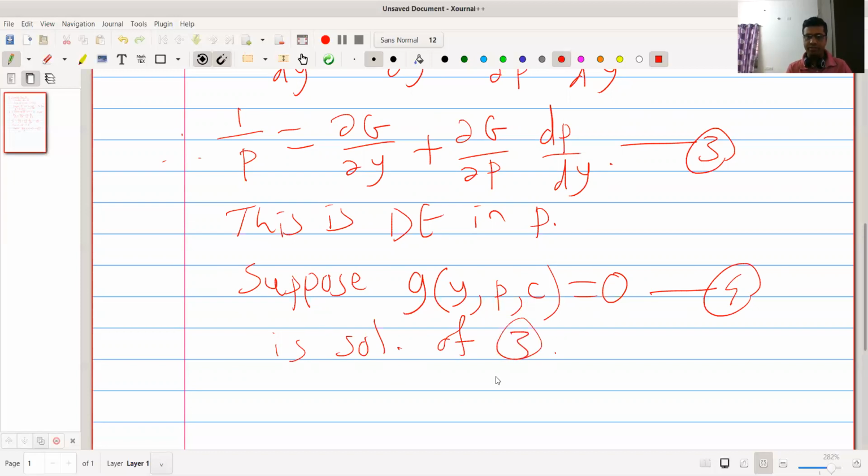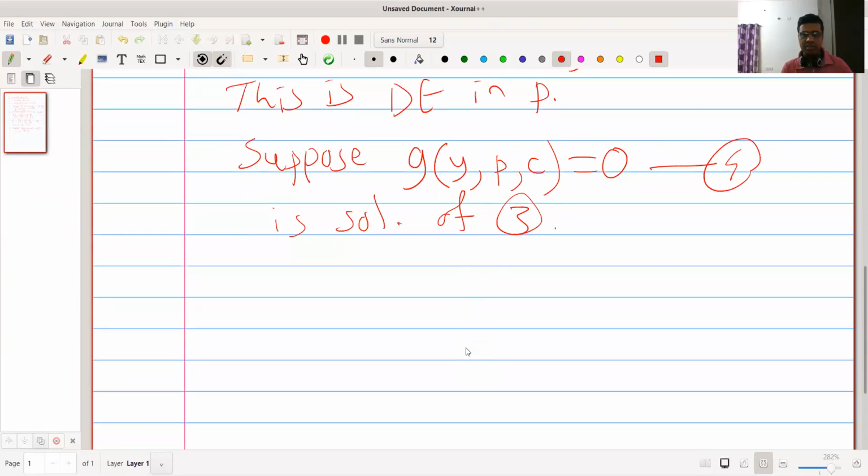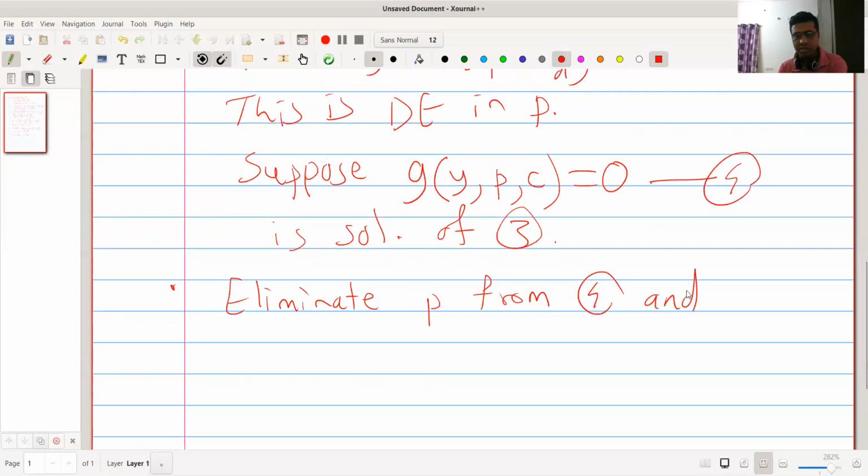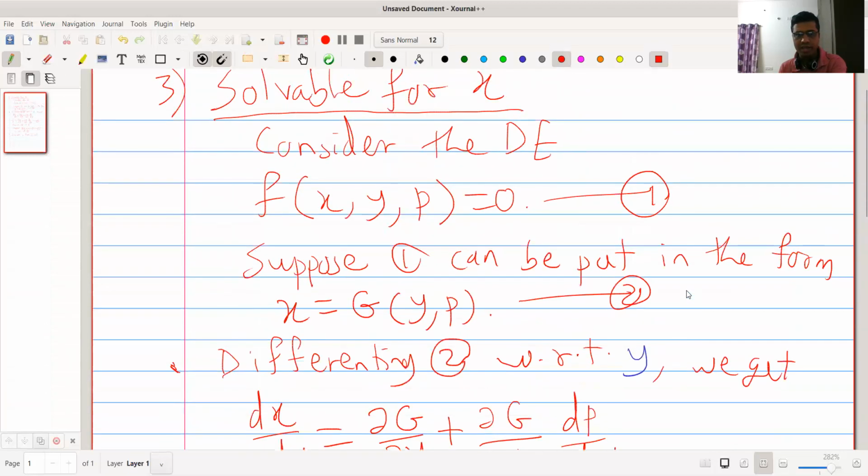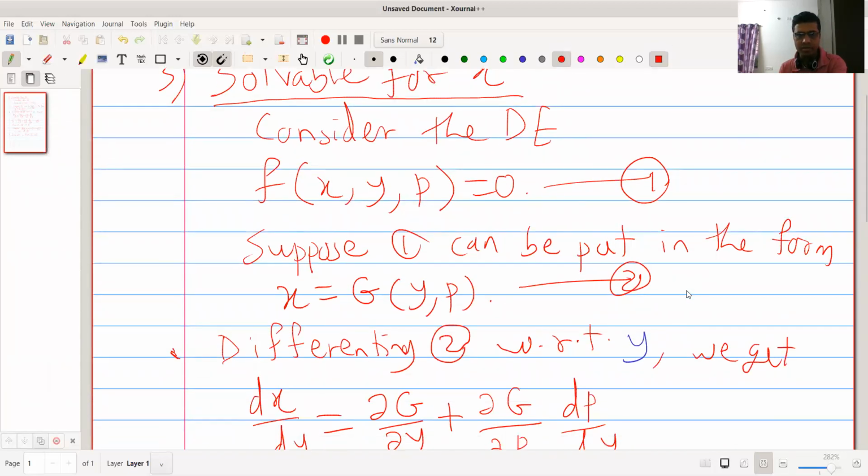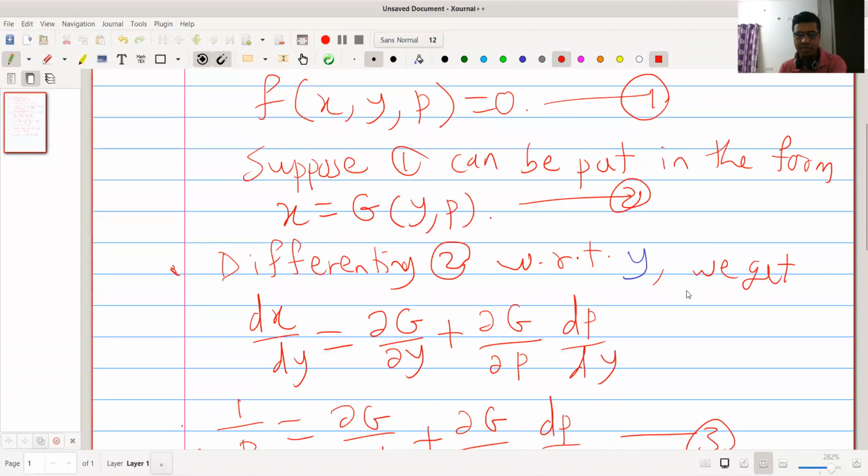And next step is eliminate p from 4 and the relation x equal to capital G of y, p, that is 2.